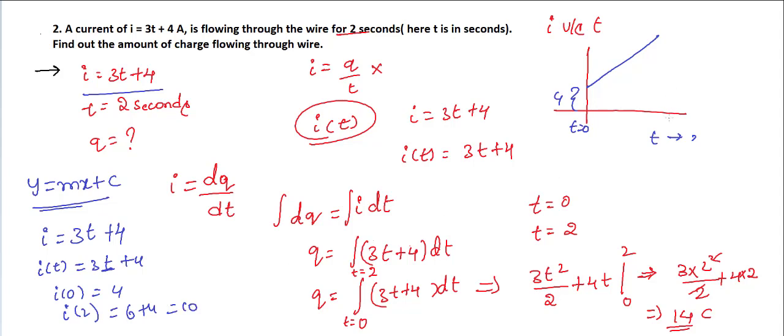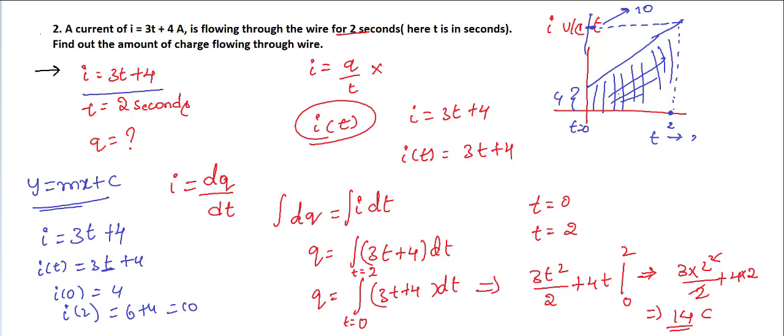So the value 10 is there at t is equal to 2. It is going till here. This value is 10. Now the area under this will give you the q.